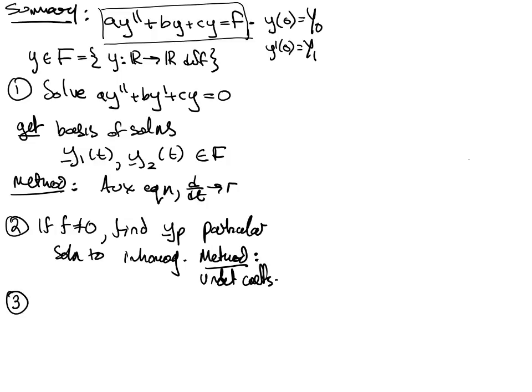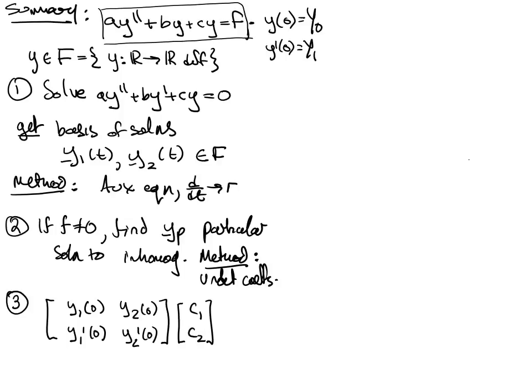And so to do that, you have to solve a linear system which always looks like this. So you're looking for these coefficients in the general solution, and that has to equal your initial data. But if it's inhomogeneous, then you, of course, also have to evaluate your particular solution at the initial point 0.